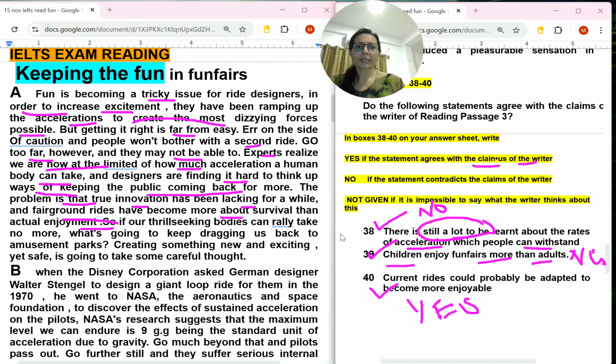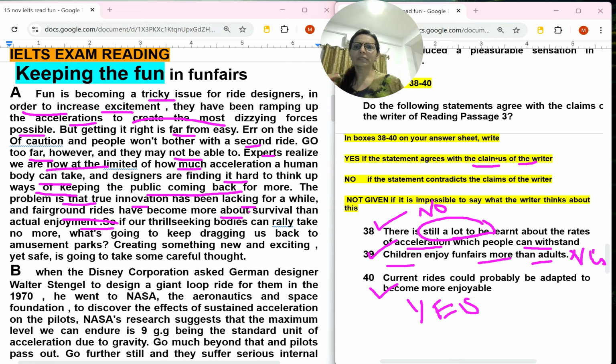So let's find this: current rides could probably be adapted to become more enjoyable. The problem is that true innovation has been lacking for a while, and fairground rides have become more about survival than actual enjoyment. Current rides could probably be adapted to become more enjoyable.